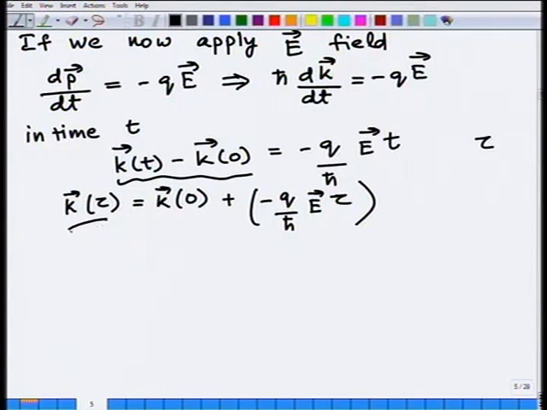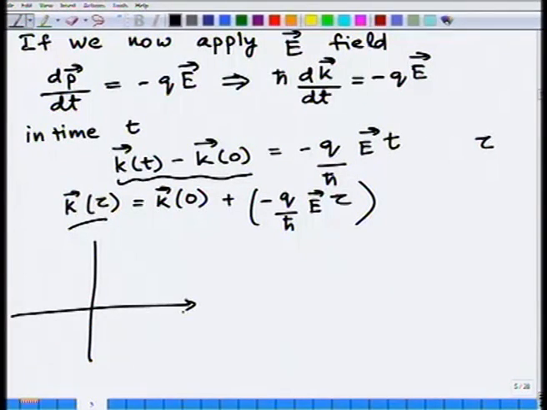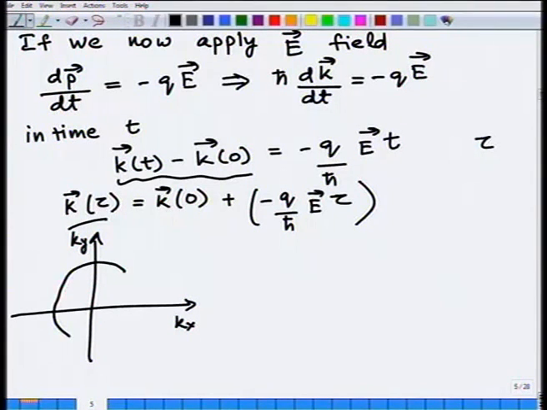Effectively, I can show this in 2 dimensions, where it is easy to show. You can imagine this as a 3-dimensional figure also. Let us say this is kx, this is ky, and I am going to draw a circle, not a sphere, in 2 dimensions. You can keep imagining a sphere.